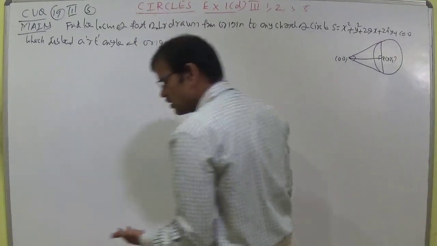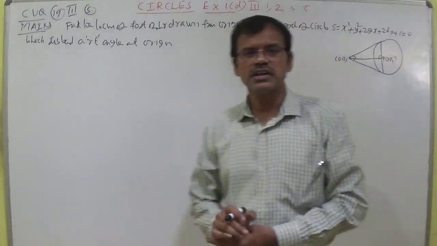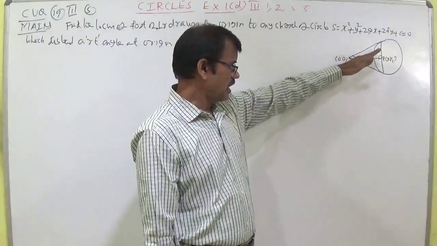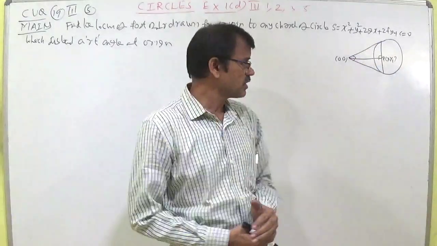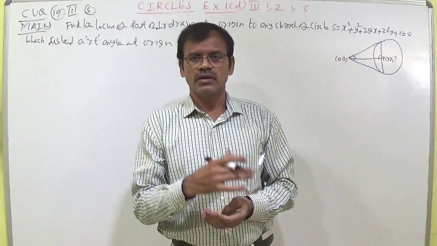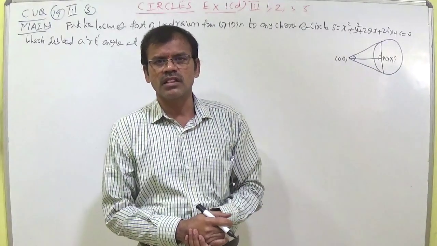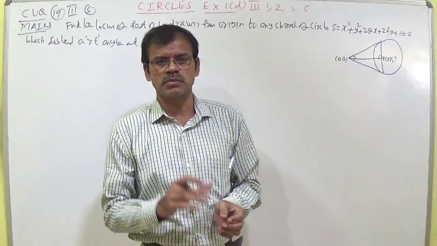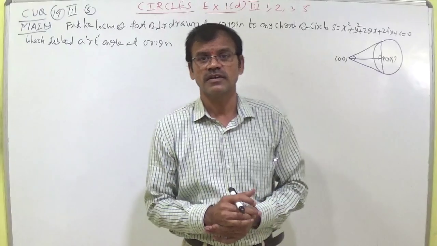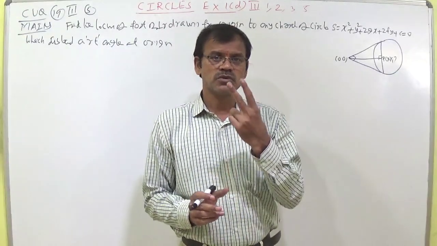That means the line joining the points of intersection to the origin. We know very well that in exercise 1C concept, exercise 4C concept in 1B textbook, that is homogenization. So now you have two concepts.